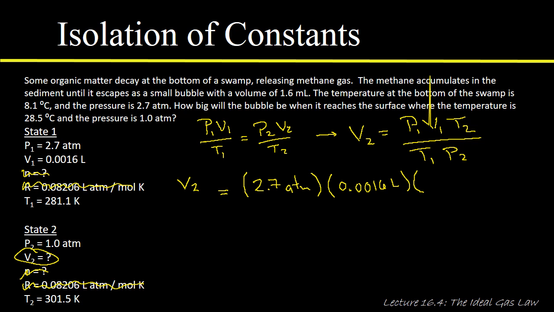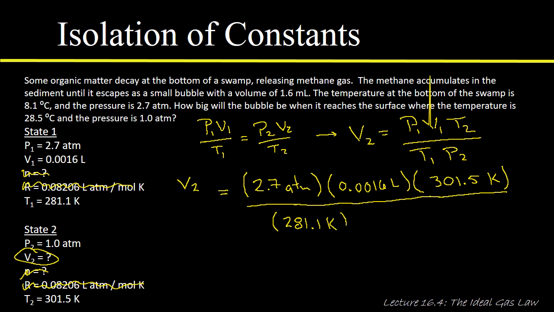We had initial pressure and volume, but final temperature, so again, paying careful attention to the subscript 1s and subscript 2s: 301.5 Kelvin, divided by T1, that's our initial temperature, 281.1 Kelvin, and our final pressure, which is 1 atmosphere.